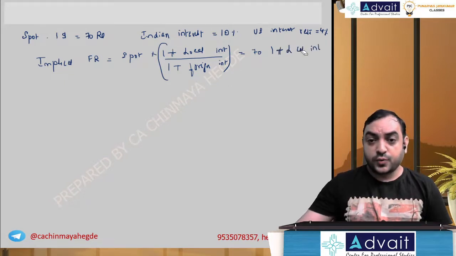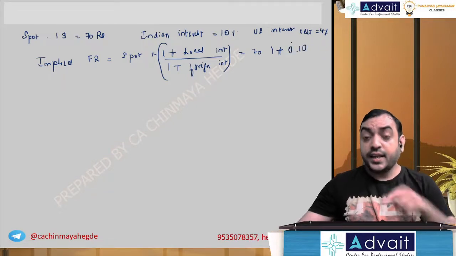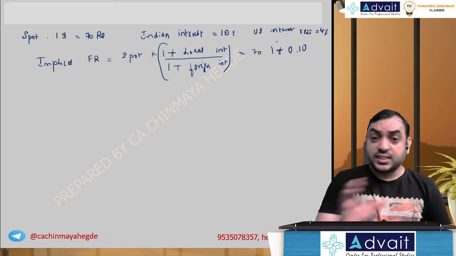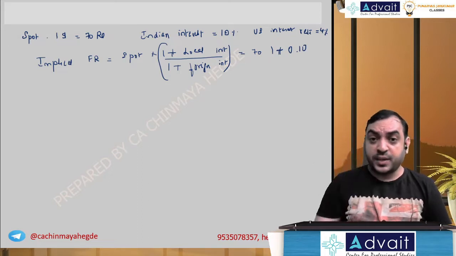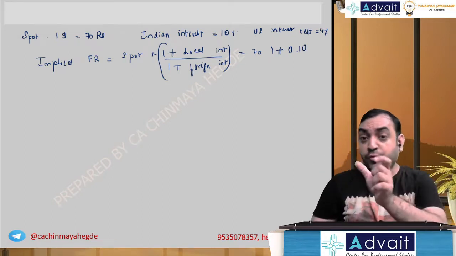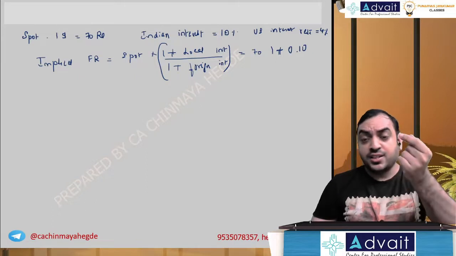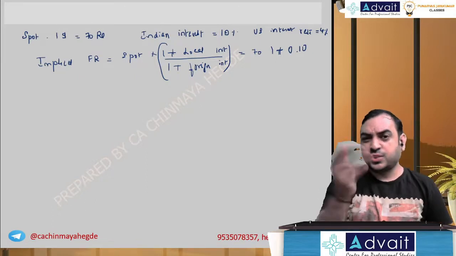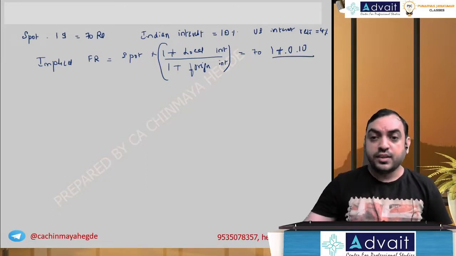So 1 plus local interest, that is Indian interest 10%, 0.10, and again to be adjusted for time period. This is a full year. If it is 6 months, into 6 by 12, the rate of interest alone, not the full 1 plus rate of interest, will be adjusted for time value of money, divided by 1 plus 0.04.